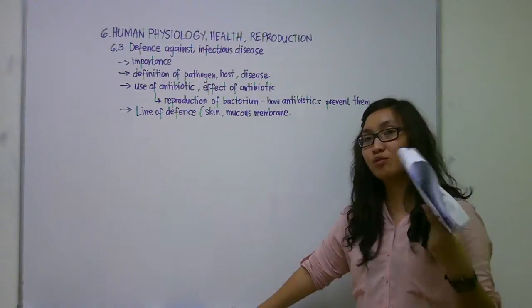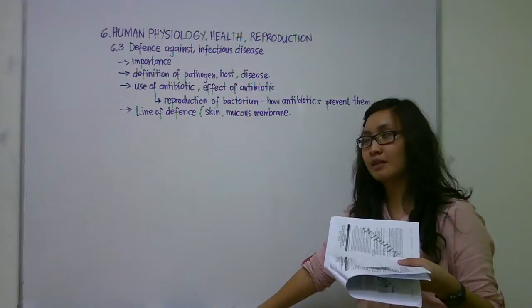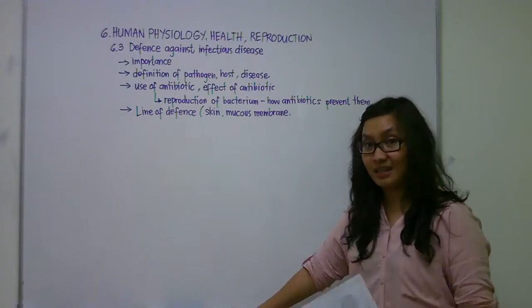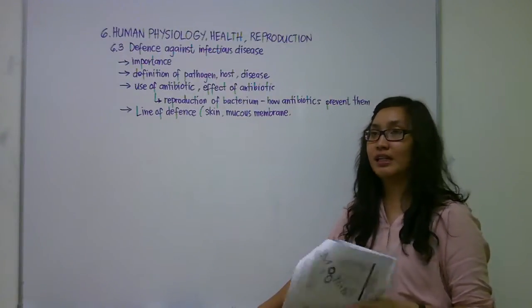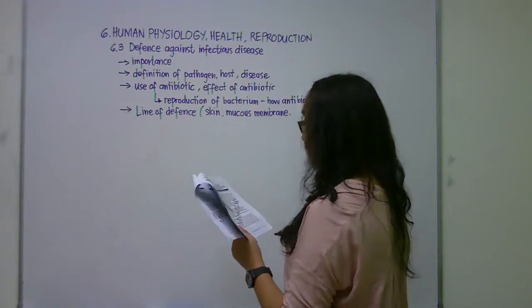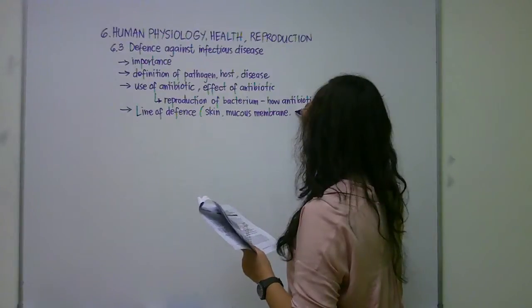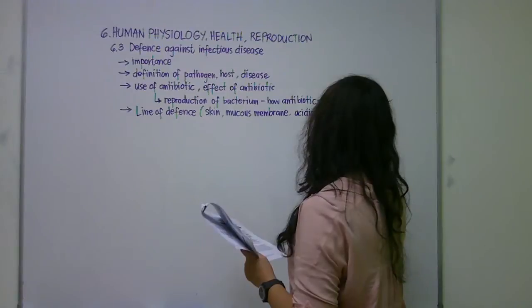They move the mucus that is produced by goblet cells, which traps the foreign matter that has managed to enter the body. We can also include the acid that is produced in the stomach.